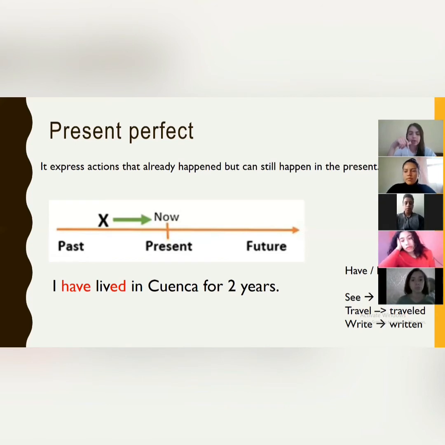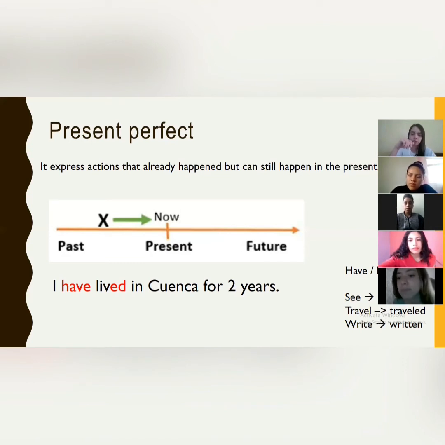To create a sentence in this tense, we have to add the auxiliary verb have or has, and then the verb in the past participle form. So, Samantha, to create this sentence, do you have to use the verb in the base form? No, teacher. We have to use the verb in the past participle. Okay.